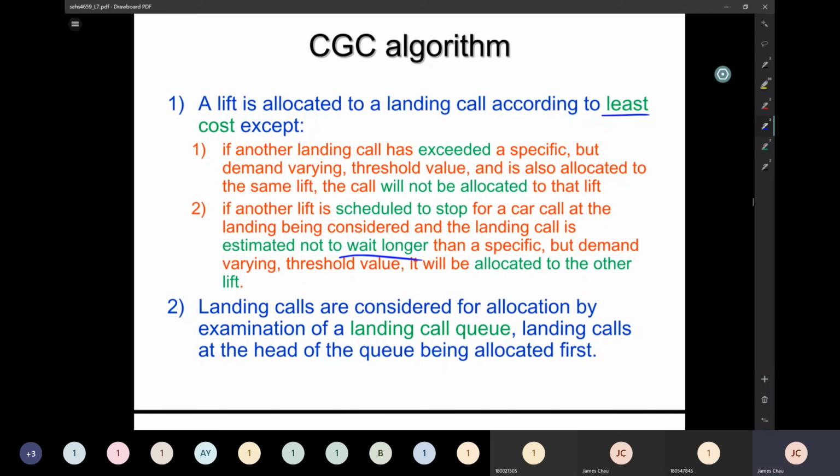So we're using this mechanism to control which lift is going to serve the call by their priority. And the landing calls are considered for allocation by examination of the landing call queue. So the call at the head of the queue will be served in order, because he or she has waited for a long time.